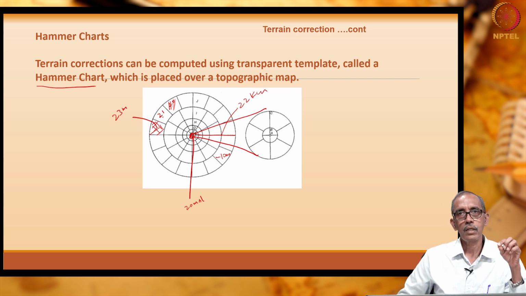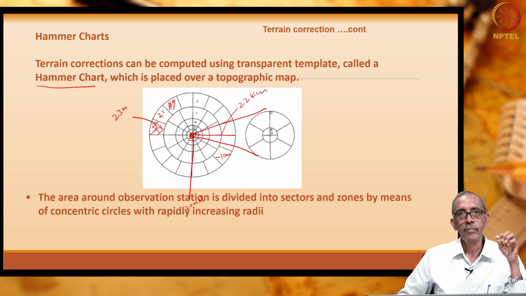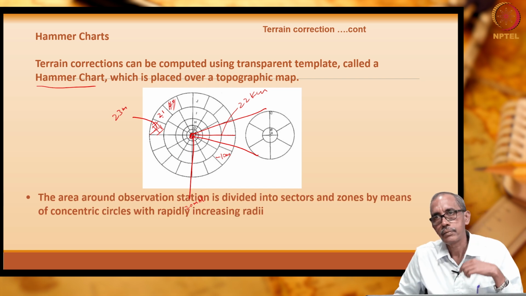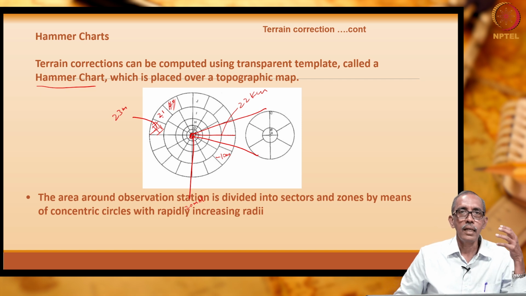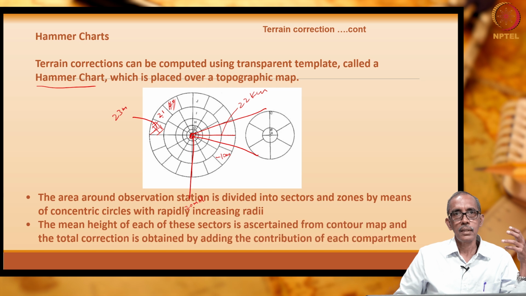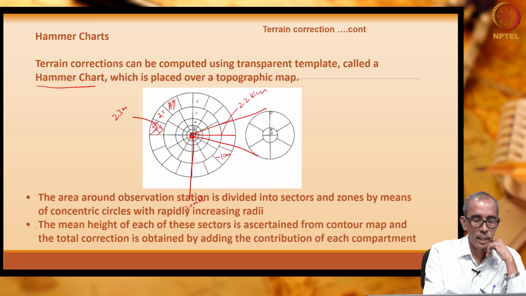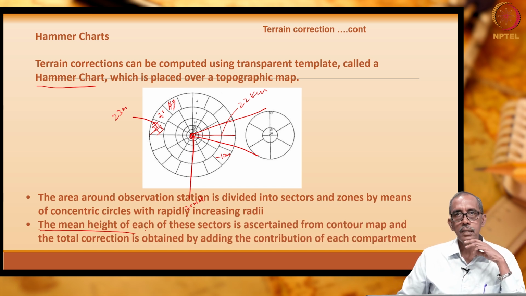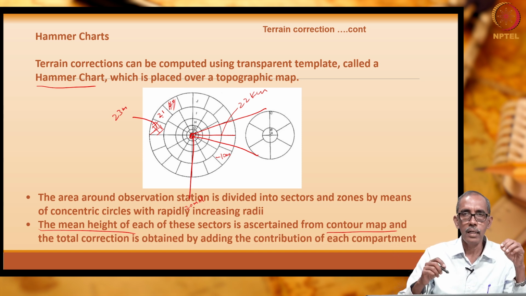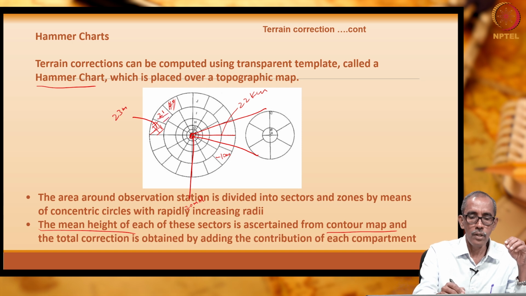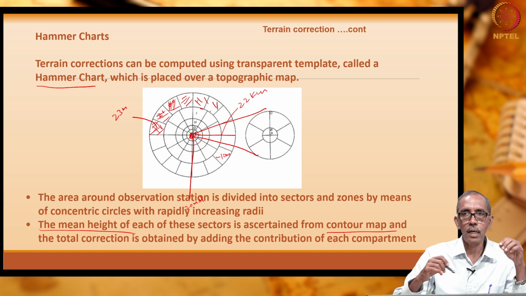Though it appears to be complex, it can be done very easily because we can carry out the correction using the digital elevation model which we have for the entire world using some simple software. So, we determine the mean height difference from the digital elevation model, and the total correction is made by contributions from individual sectors, individual sub-regions of this Hammer chart.